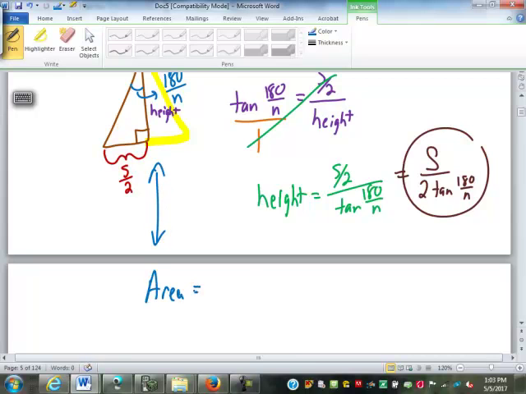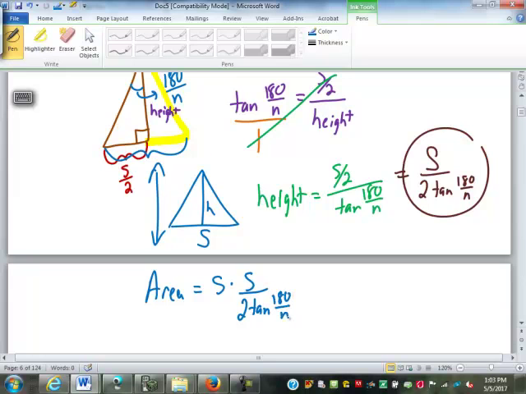So the area of that triangle is the length of the side, S, times that height of S over 2 times the tangent of 180 over n, times 1/2, right? 1/2 base times height.